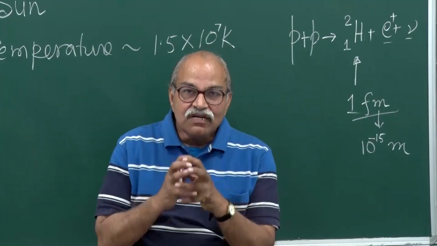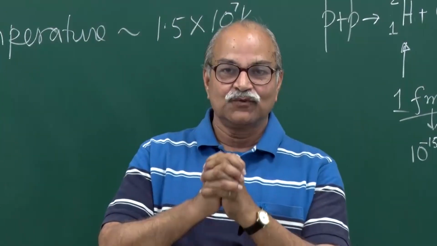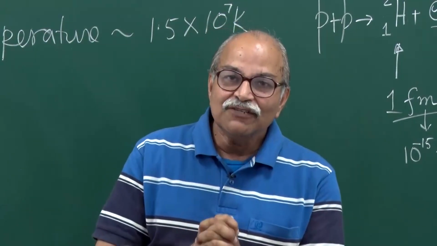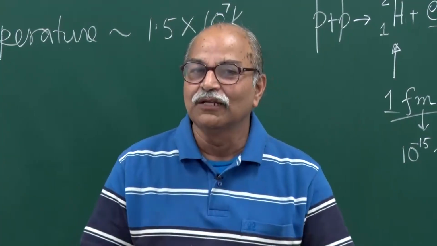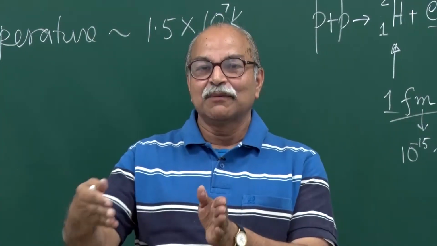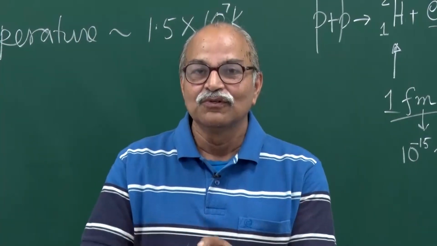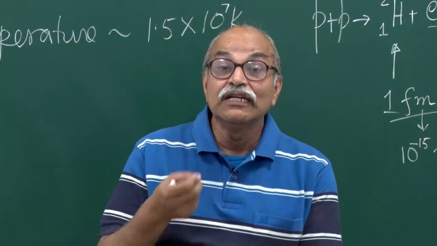Because the nuclear force which keeps this nucleus bound as one unit is a very short range force. The nuclear force falls to almost zero once the separation between two particles, two protons or two neutrons, or one proton and one neutron, which we call nucleon, increases.